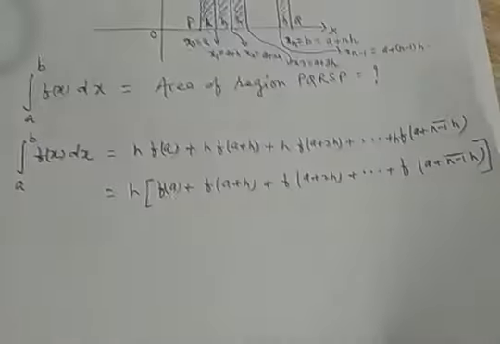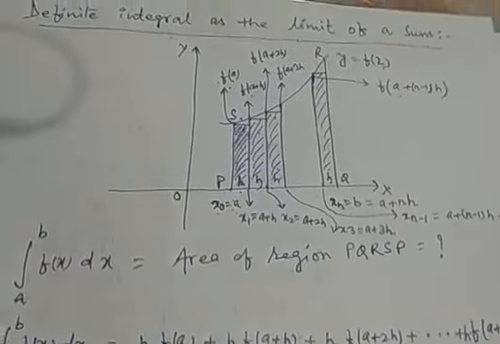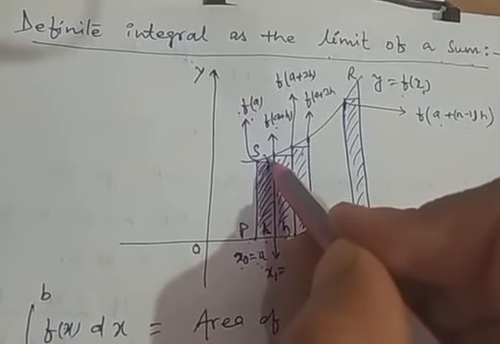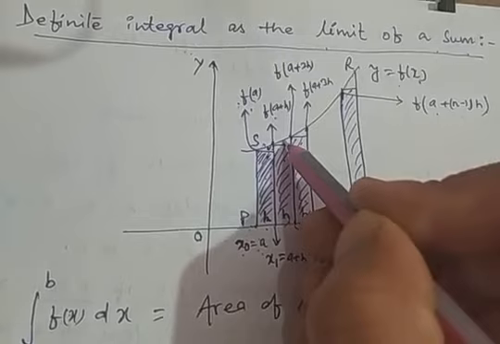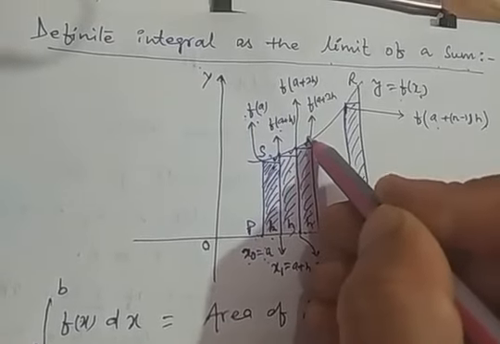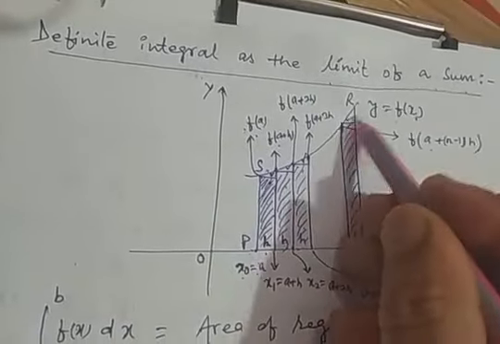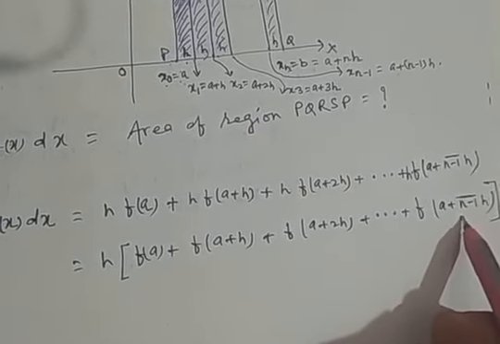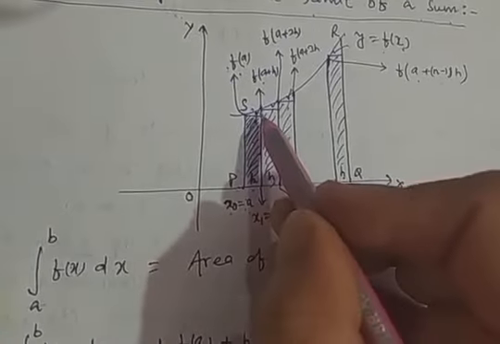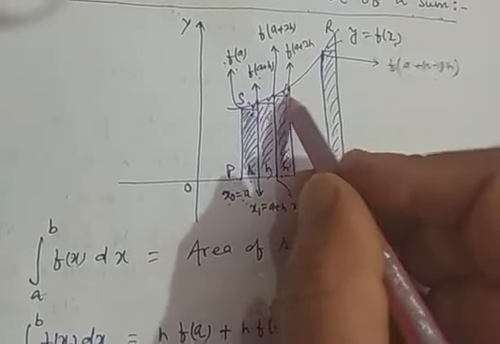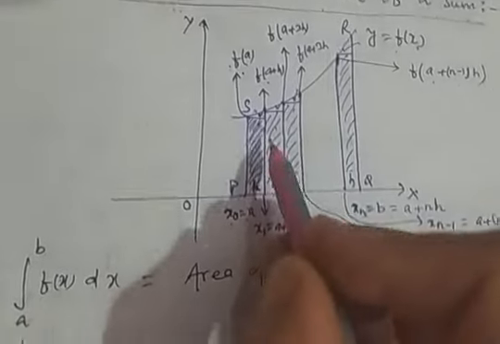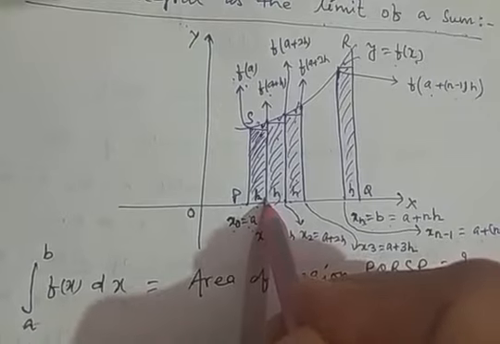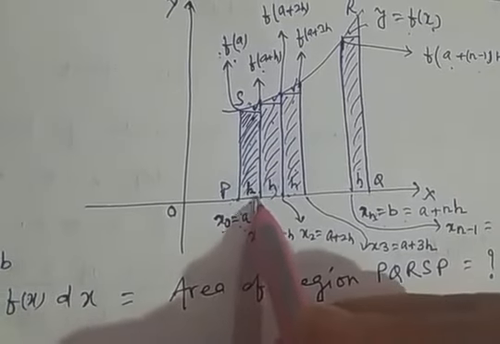Now here students, the area of this unshaded region is not covered in this area. For covering the area of this unshaded region, we have to shift this line towards a.